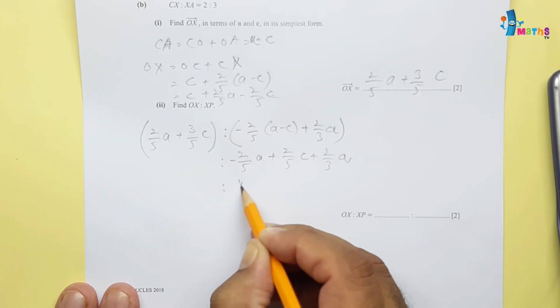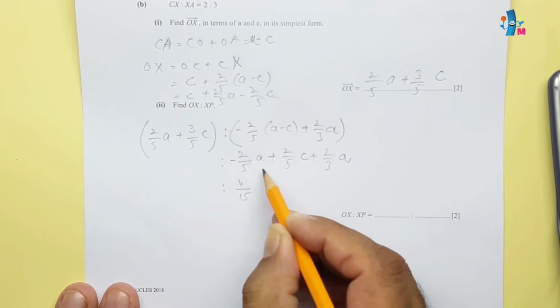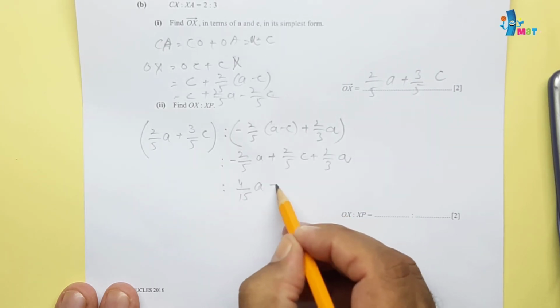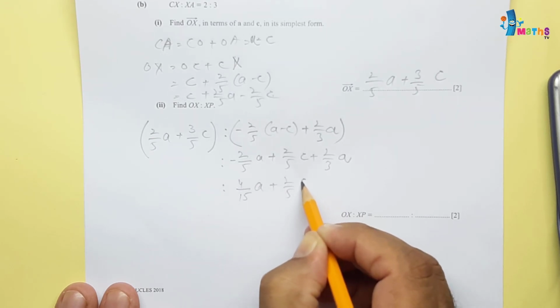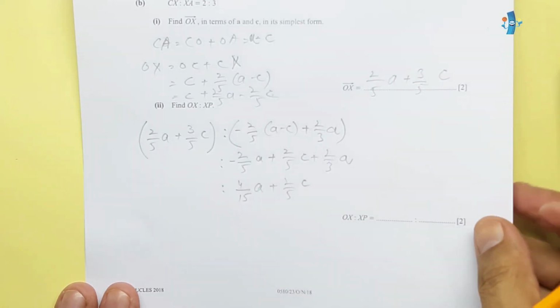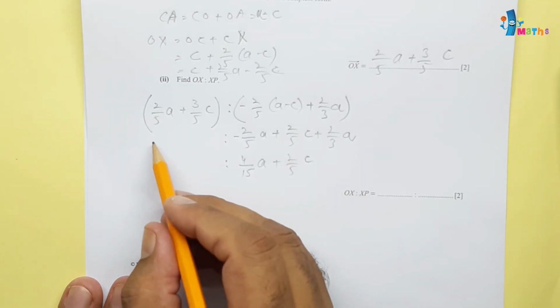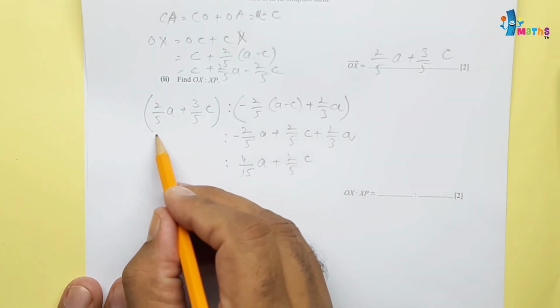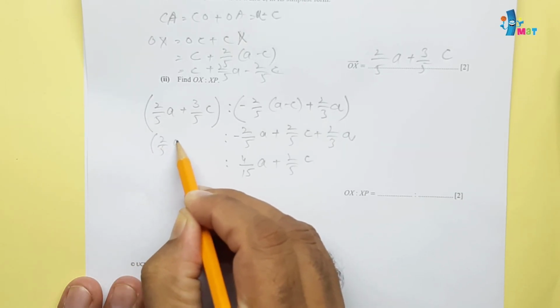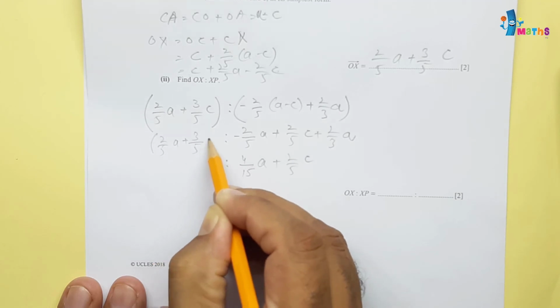So I will write here 4 over 15 A and plus 2 over 5C. This is what I have done with the right hand side. Left hand side I will keep as it is, and this will be 2 by 5A plus 3 by 5C.